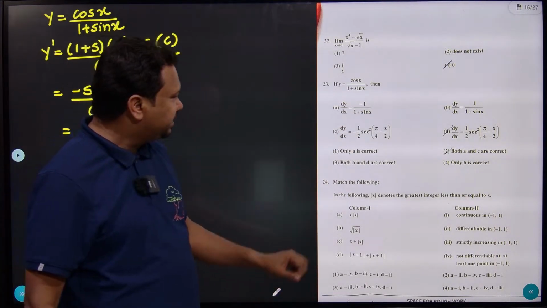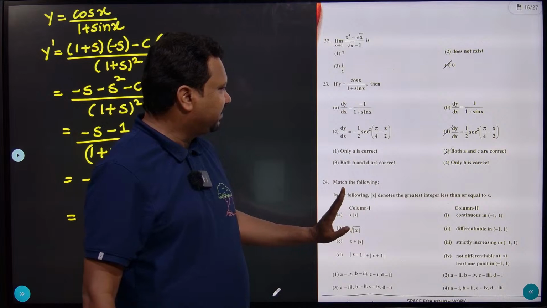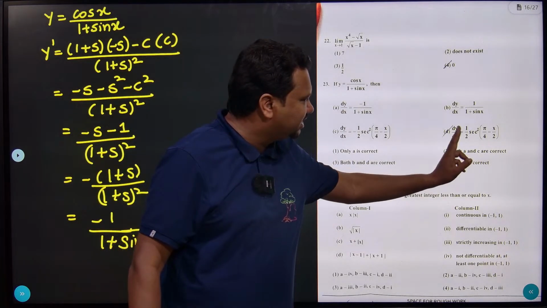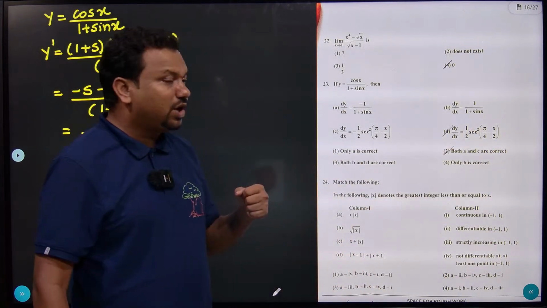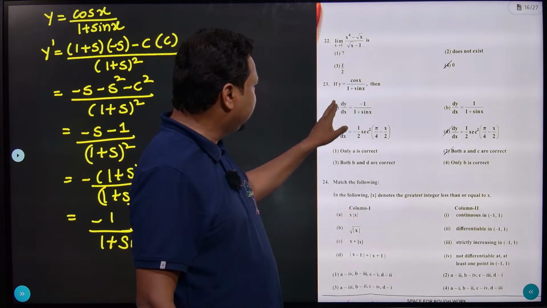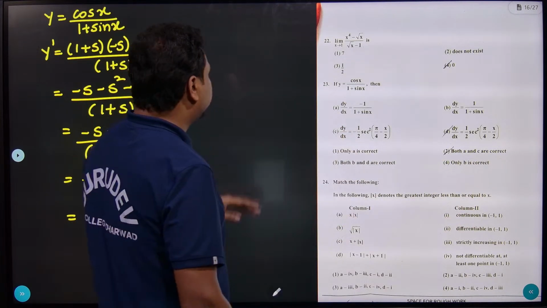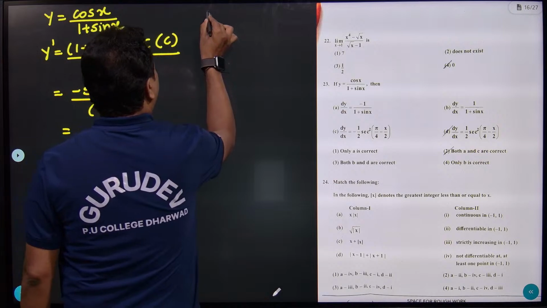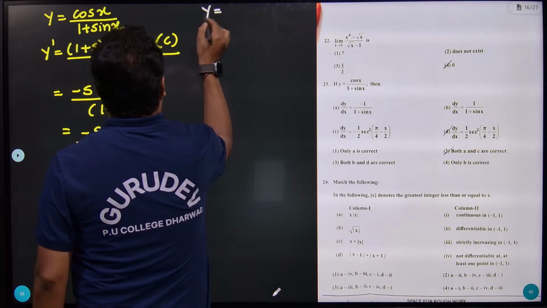But the problem is, only A is given as correct. Of course, we have one more option, that is both A and C are correct. So I should also verify whether C is correct or not. Let's check C. To check C, you have to take care of this cos x.